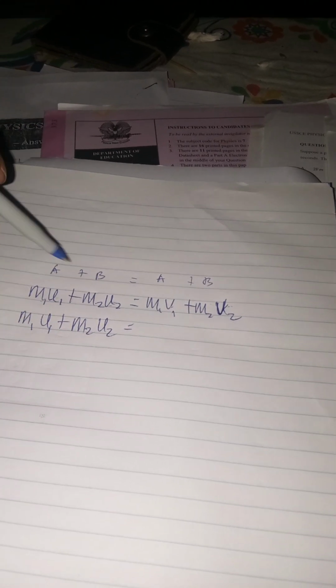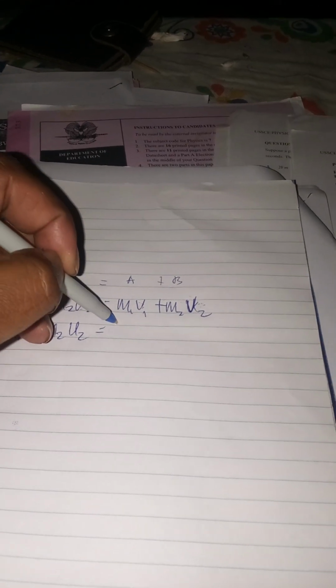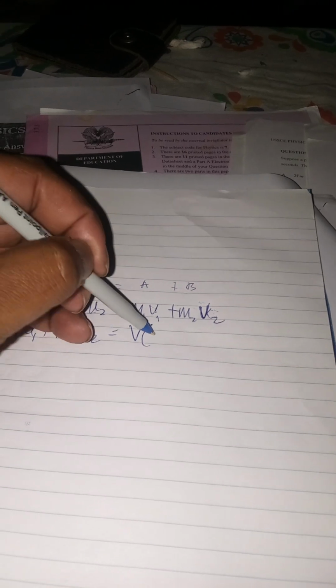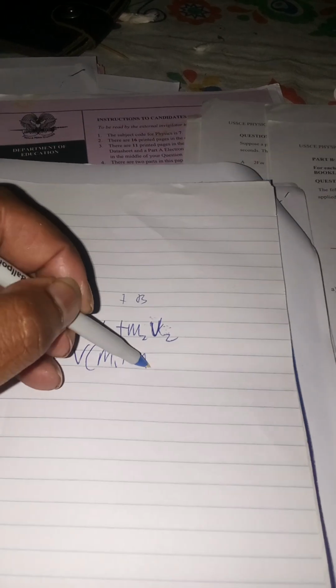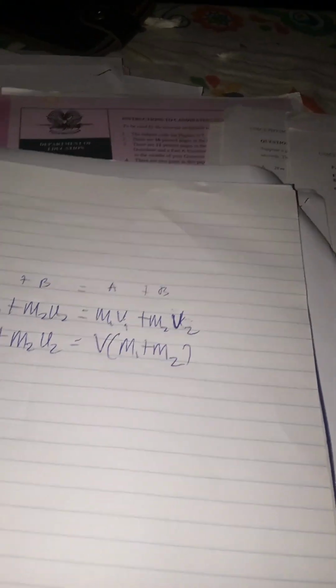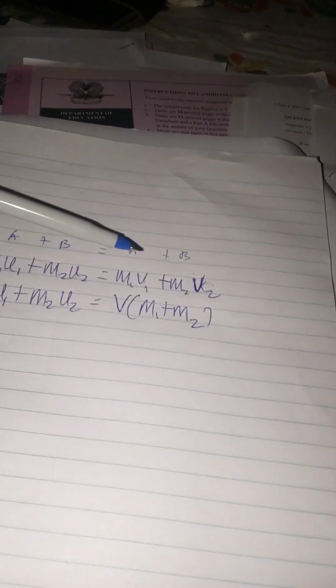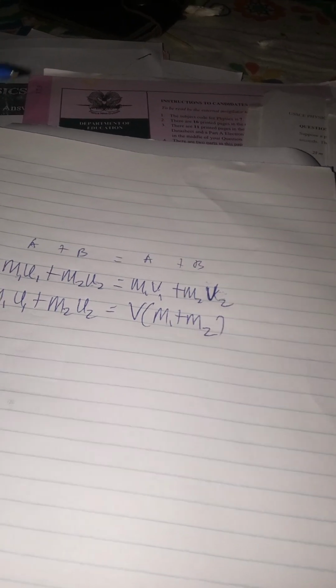V is going to be common because they are going to stick together after the collision. So we bring V out of the equation as a common factor, and we write M1 plus M2.